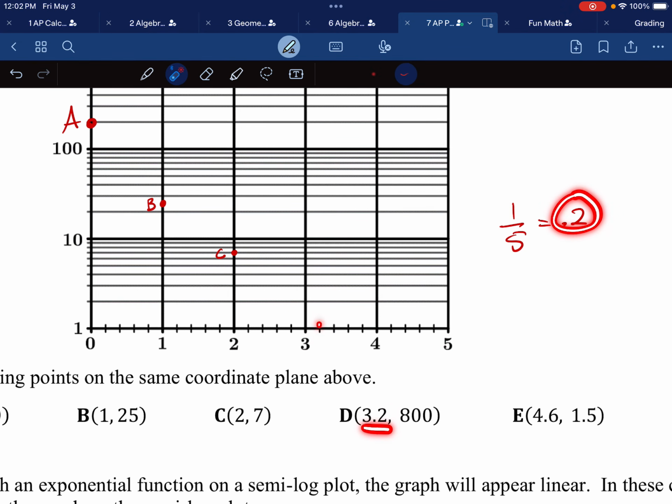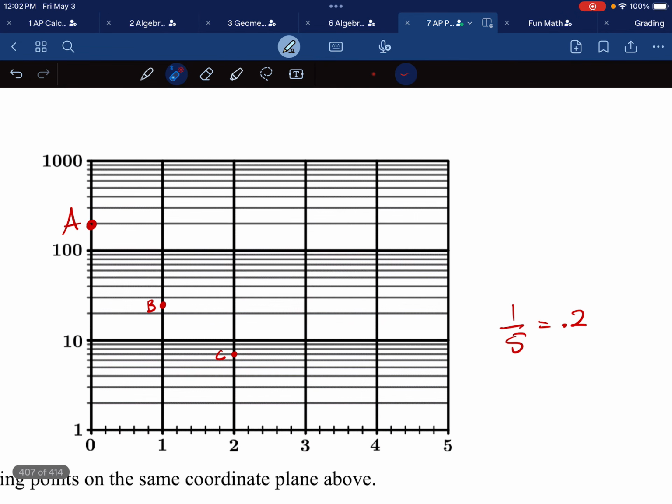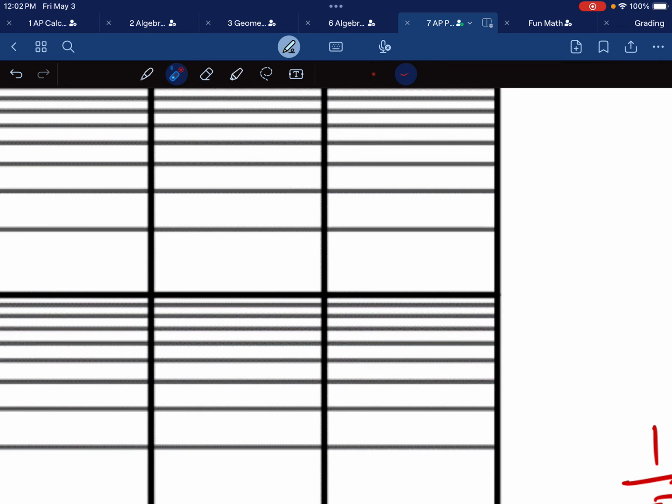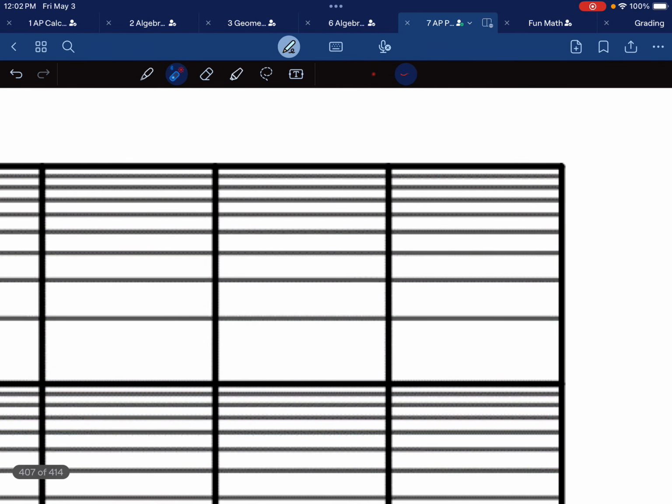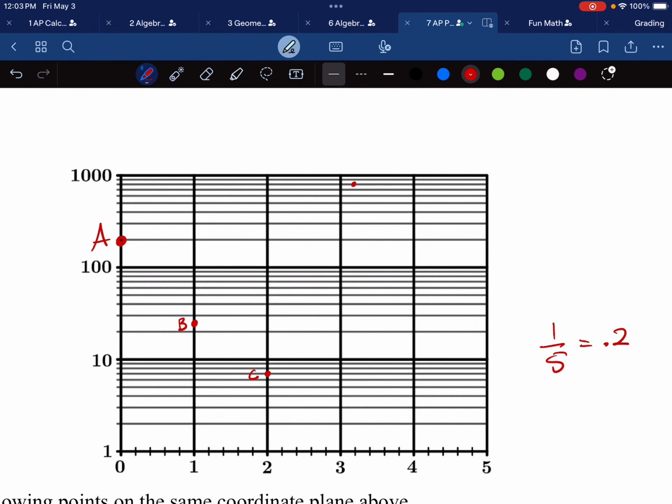So 3.2 is this spot exactly right here, and I'm going to go up to 800. So there's 2, 3, all the way up to 10. There's 100. I need to go up to 800. So here's 200, and I'll only zoom in here so I don't have to rezoom. So here's 100, 200, 300, 400, 500, 600, 700, and 800. There's our point. So that's going to be the point D.